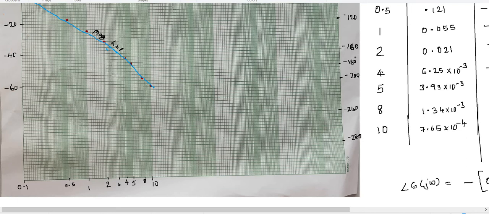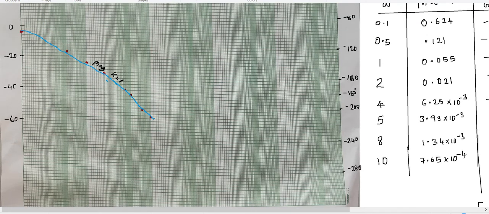When the frequency is 0.1, the phase angle is minus 94. So it would be approximately here.